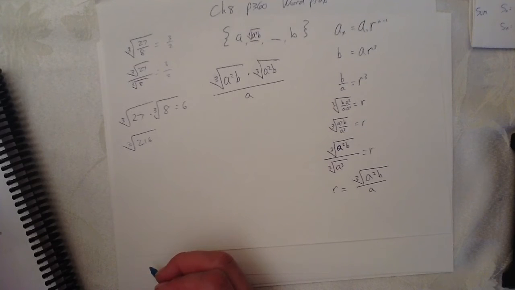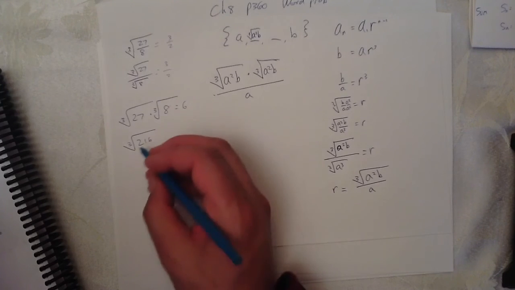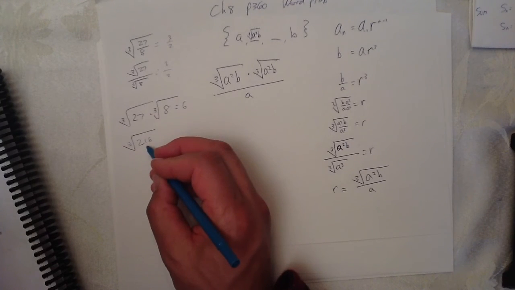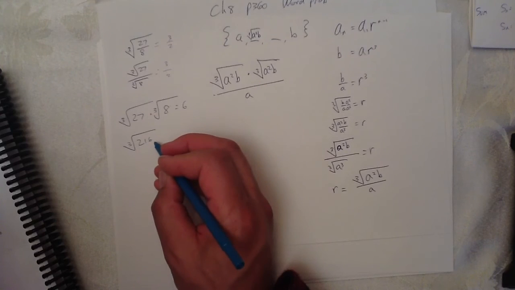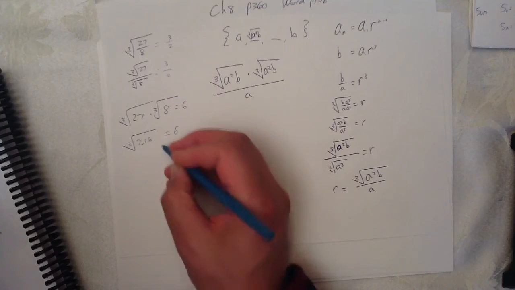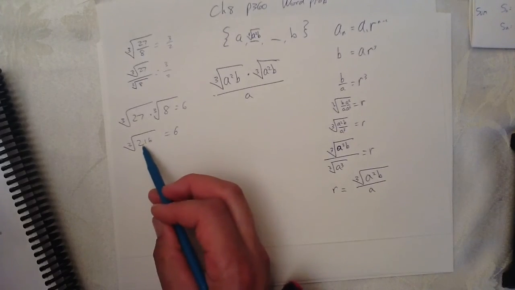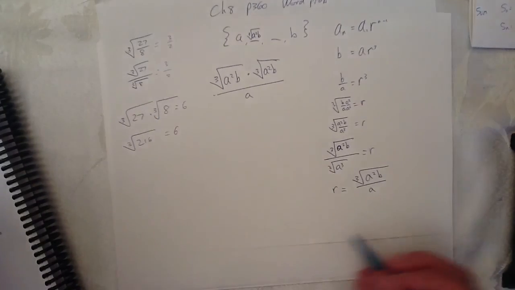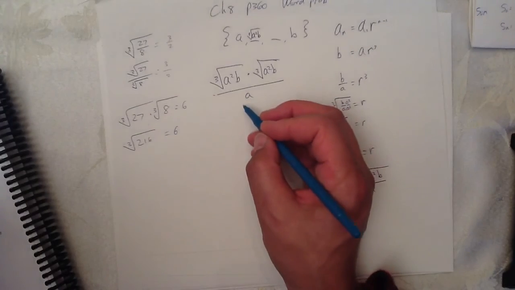Yeah, 8 times 8 is 64 times 8, no. 7 times 7 times 7, 6 times 6 times 6. Wait a minute. 6 times 6 is 36, times 6 is 216, so this does work. It passes the test.